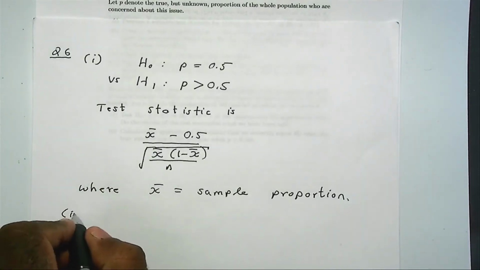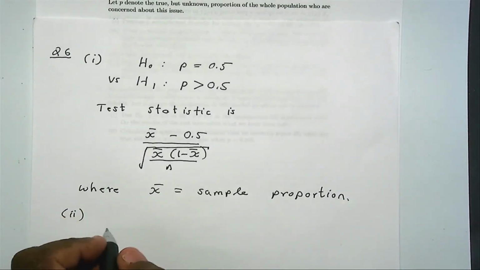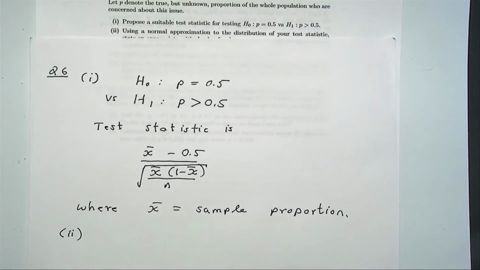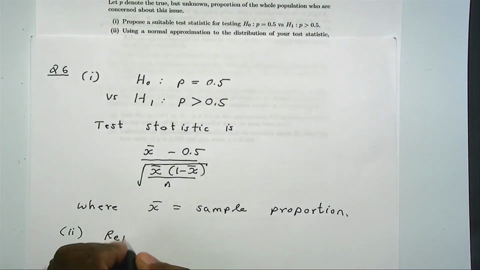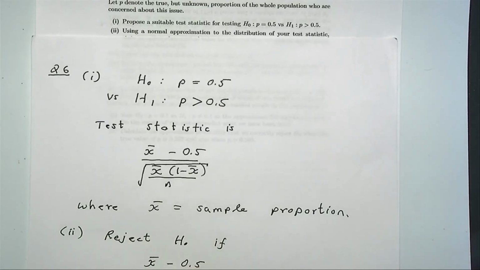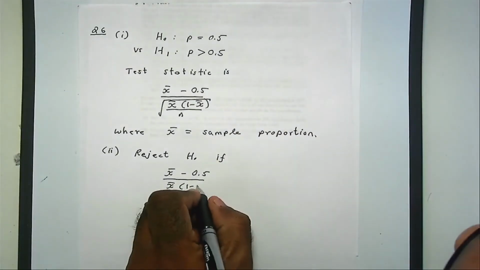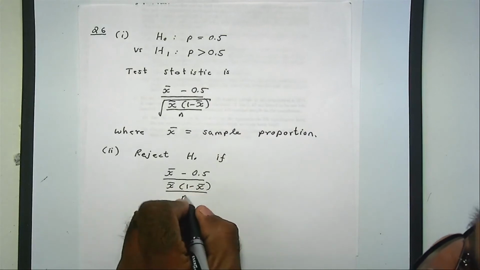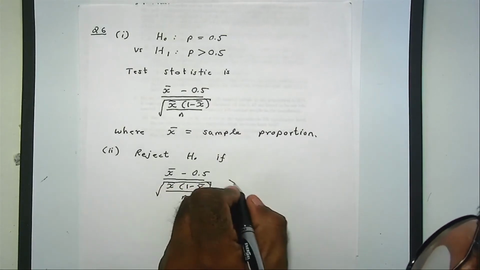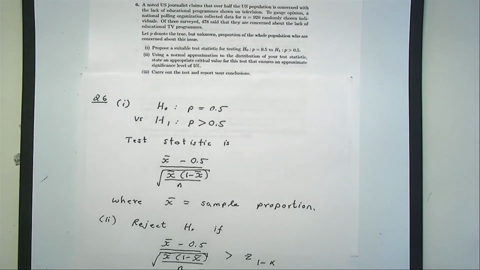And once again, if you look at my video on one sample test, you will see the rule for rejecting that I gave you is the following: if this is greater than z 1 minus alpha, in this case your alpha is 5% or 0.05.